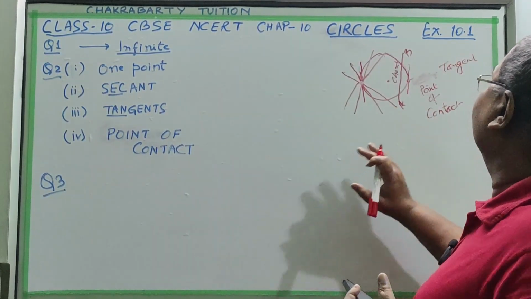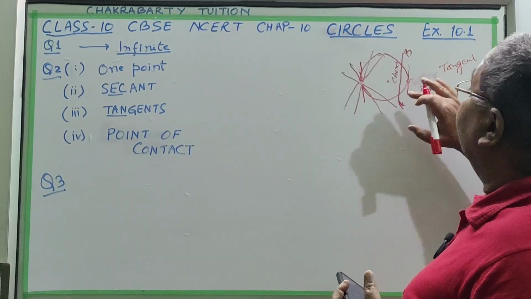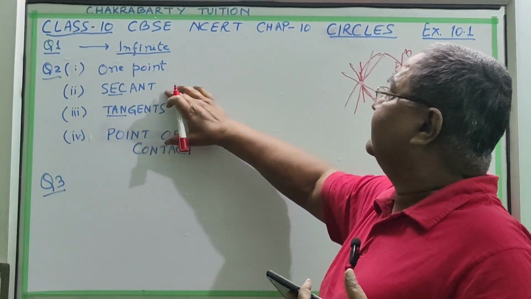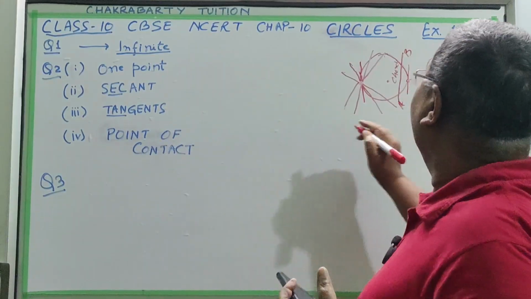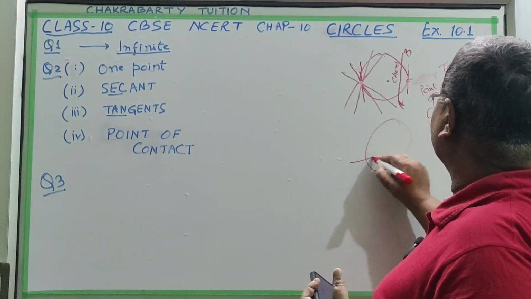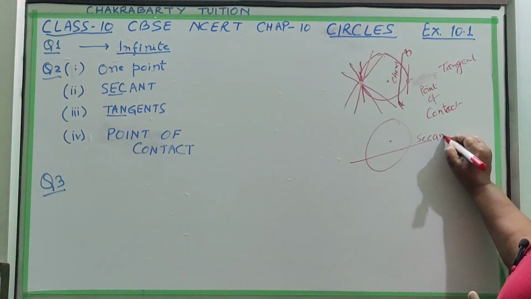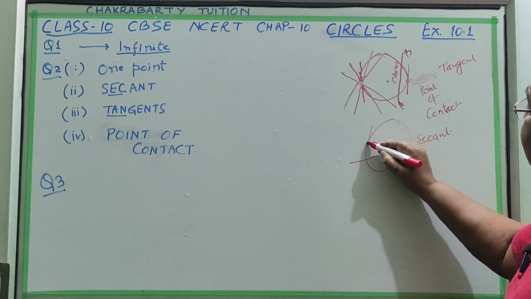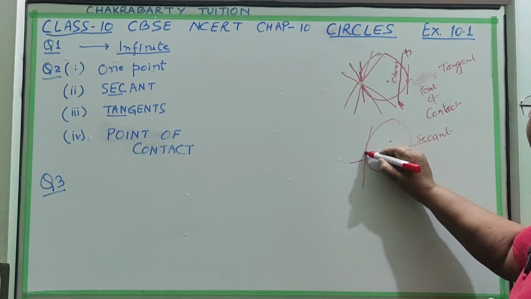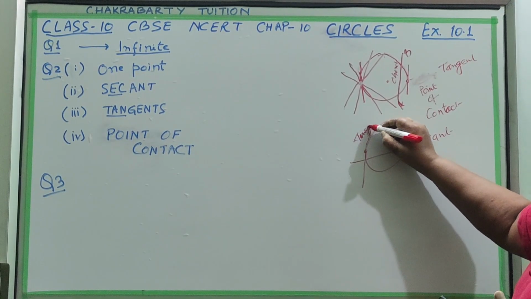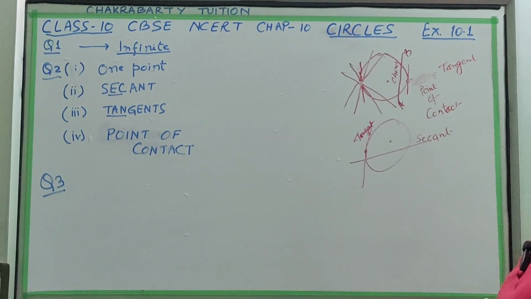Here tangent and secant are different, that's why I have underlined them. Don't confuse this secant and this tangent. Secant means any line passing through the circle, and any line which touches the circle from outside at a point of contact is your tangent line.